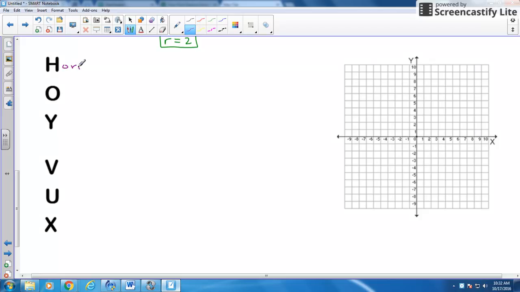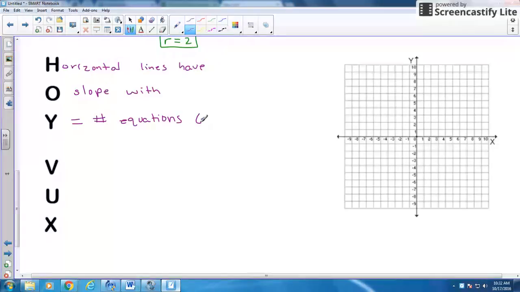And so we could say horizontal lines have 0 slope with y equals a number equations. So for example, y equals 3. That would be a horizontal line crossing the y-axis at 3, and that would be 0 slope.